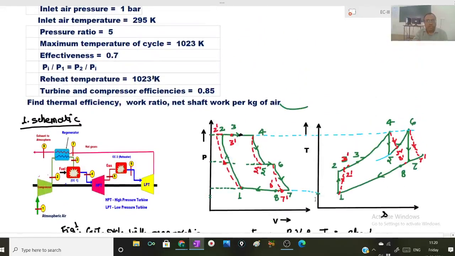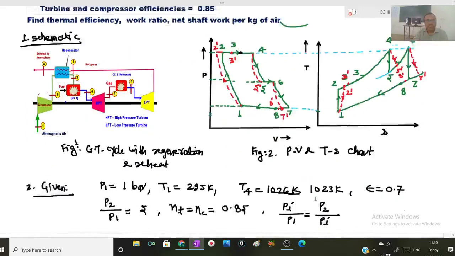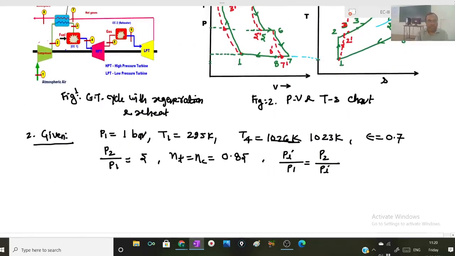After this, what else is given? Yes, maximum temperature of cycle is 1023 Kelvin and reheat temperature is 1023 Kelvin. So reheat temperature is nothing but T6. It is also given.